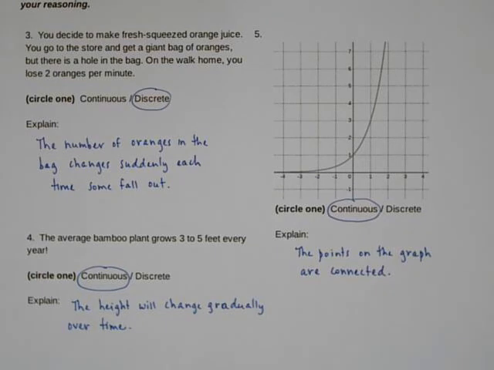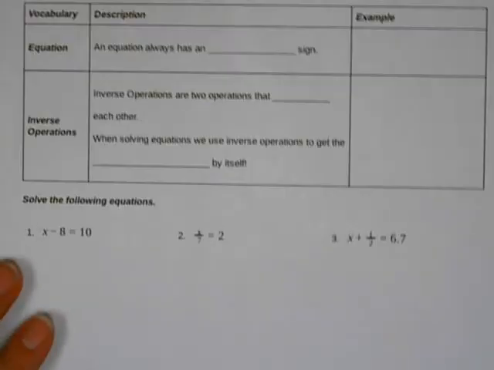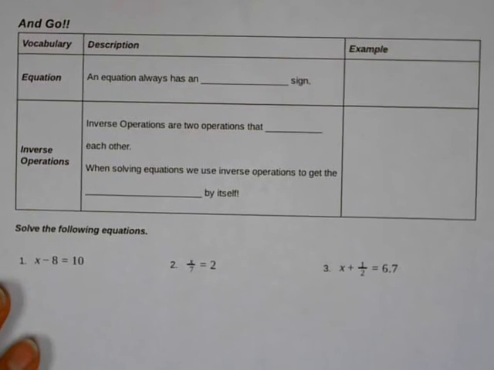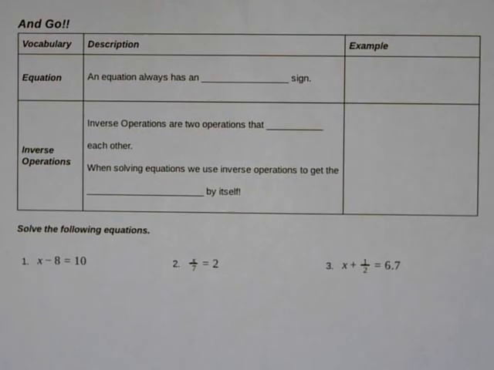Okay, we've got one more thing to talk about. Our last part here now, we're going to focus on solving equations. And some of this may be familiar to you, but we kind of want to develop a consistent method for solving equations. So as these equations get more complex, we have a good structure for being able to solve them.